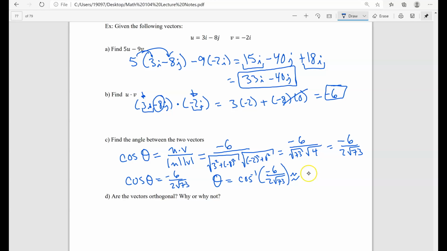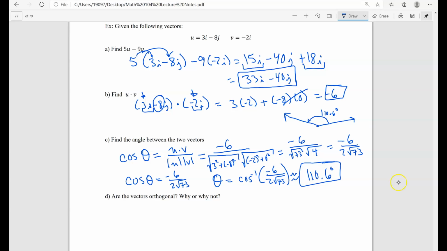That's going to give me about 110.6 degrees. So basically what this is saying is that if I were to draw these two different vectors in space, the angle between the two vectors is going to be 110.6 degrees. That's basically what that's saying.